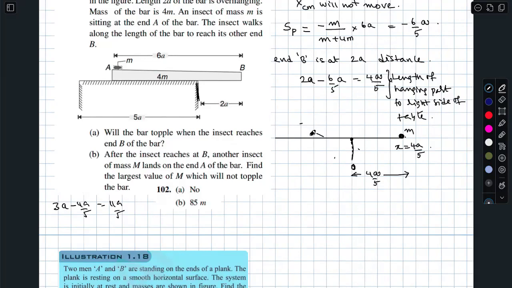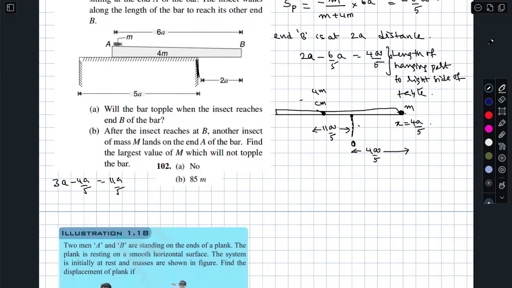This 11A by 5 represents the center of mass of the plank, at a distance of 11A by 5, where the mass is 4m. Now let me find the location of XCM.